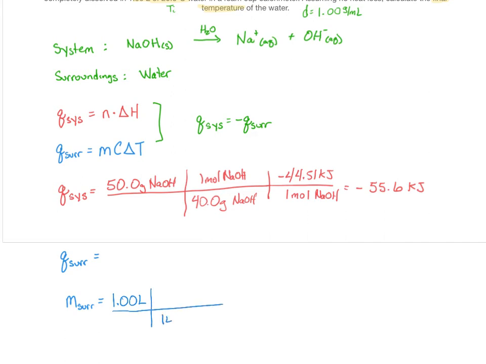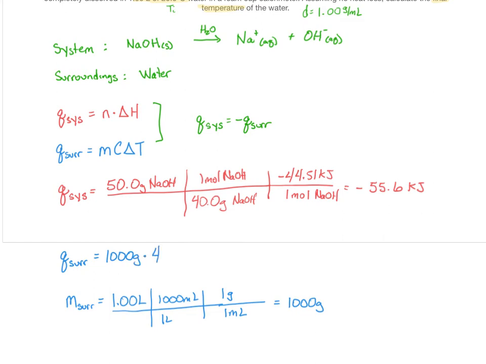In 1 liter, there's 1,000 milliliters. And then in 1 milliliter, we have 1 gram of solution. And so this gives me 1,000 grams of surroundings. So I have 1,000 grams.